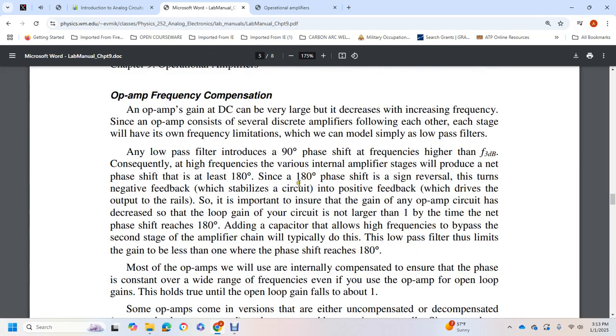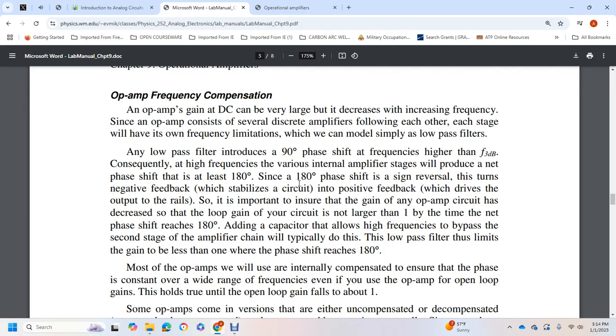Op amp frequency compensation. An op amp has a very large gain at DC, decreasing with increasing frequency, so the op amp consists of several distinct amplifiers following each other. Each of the stages will have its own frequency limitation, modeled simply as low-pass filters. Low-pass filters introduce a 90-degree phase shift at frequencies higher than the 3 decibel frequency, so the high frequency internal amplifier stages will produce a net phase shift of at least 180 degrees.